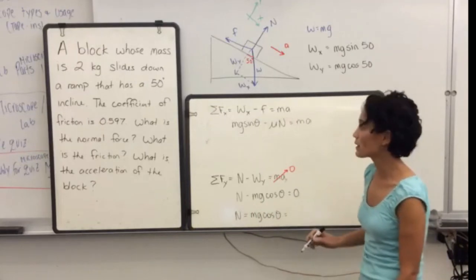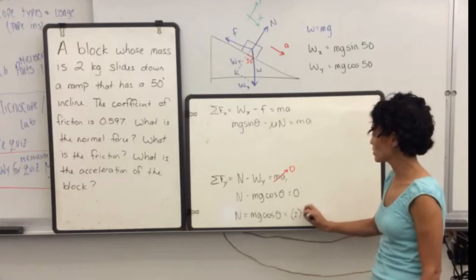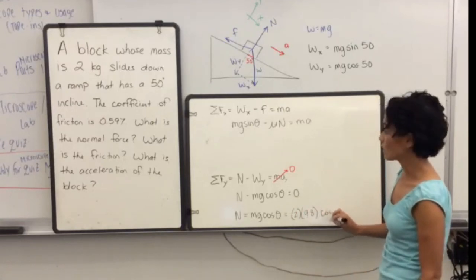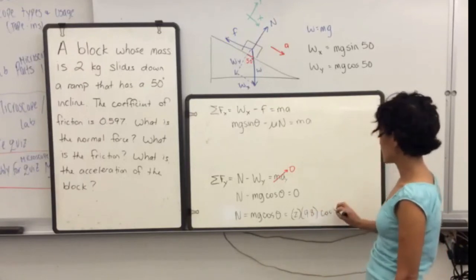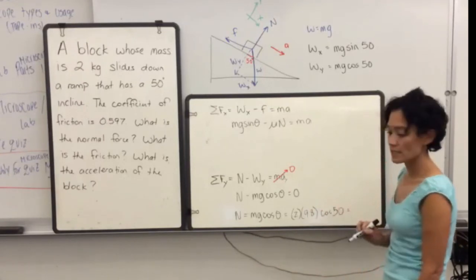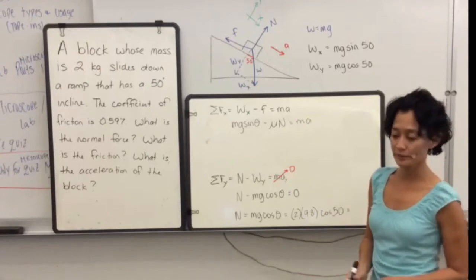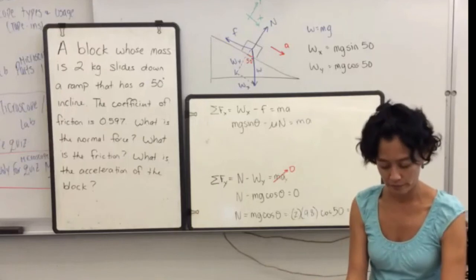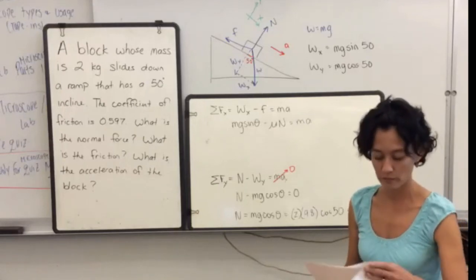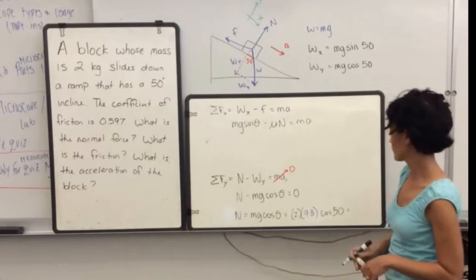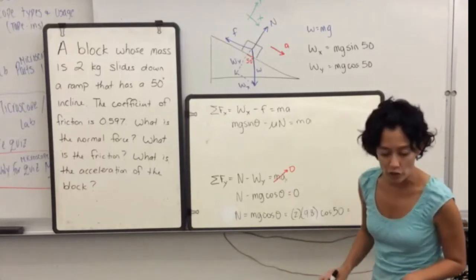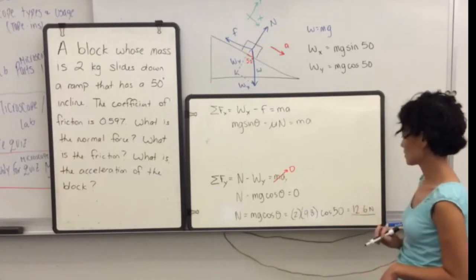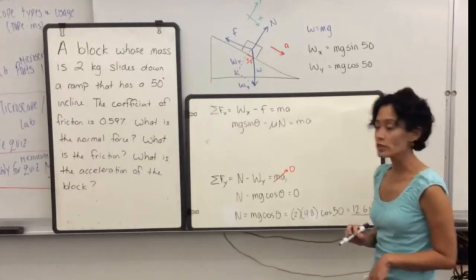And if I plug in my numbers, this would be 2 times 9.8 times cosine of 50. So go ahead and take a moment to calculate that out. So hopefully if you did your math right, you should have gotten 12.6 newtons. So that's your normal force.